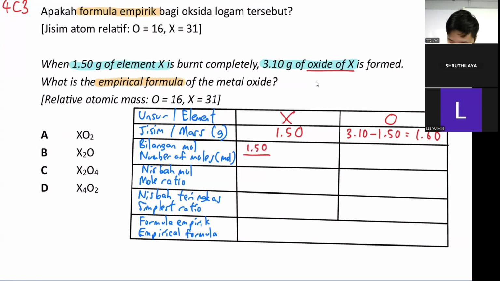So 1.50 divide 31, for X is 31. For oxygen, 1.60 divide 16, which is 0.1 obviously.